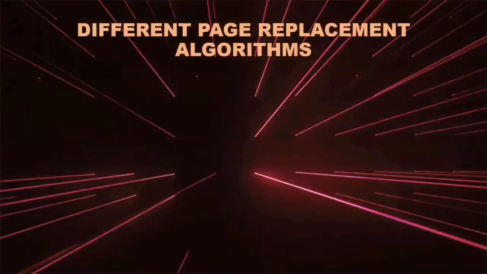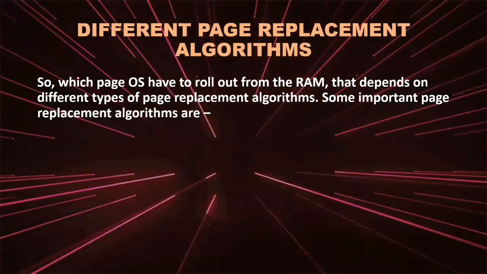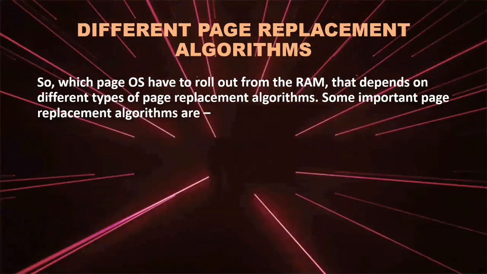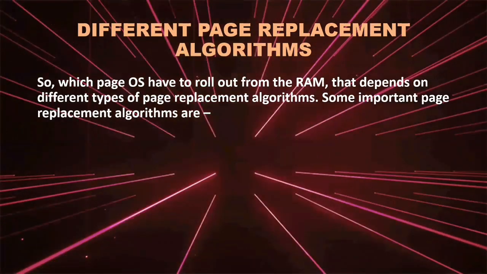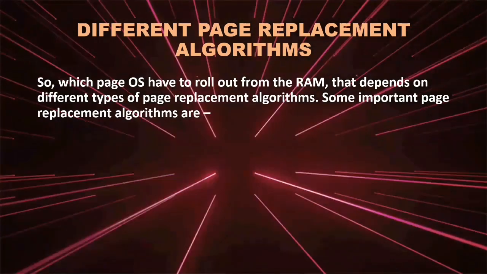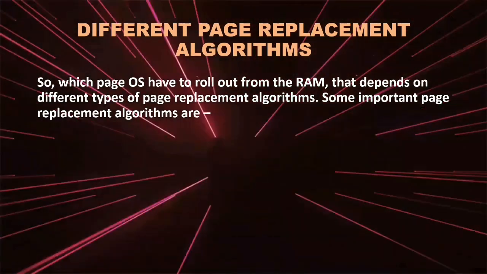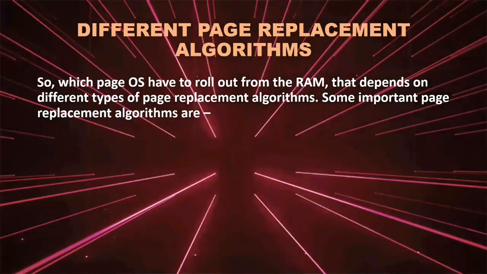Now there is another fact. When page replacement occurs, how does the operating system know which page it has to roll out from the RAM? According to which priority or which order can we roll out a page from the RAM?